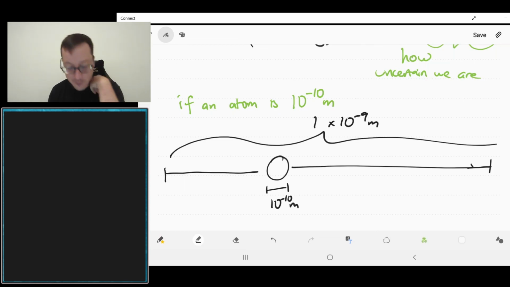So if we want to say our electron is right there, our uncertainty in this measurement is well over the size of the atom. It's an order of magnitude higher.